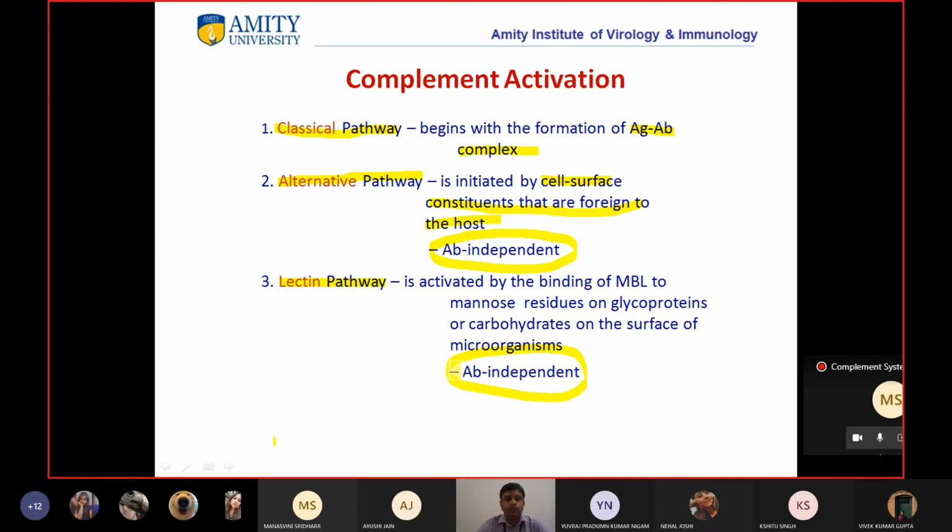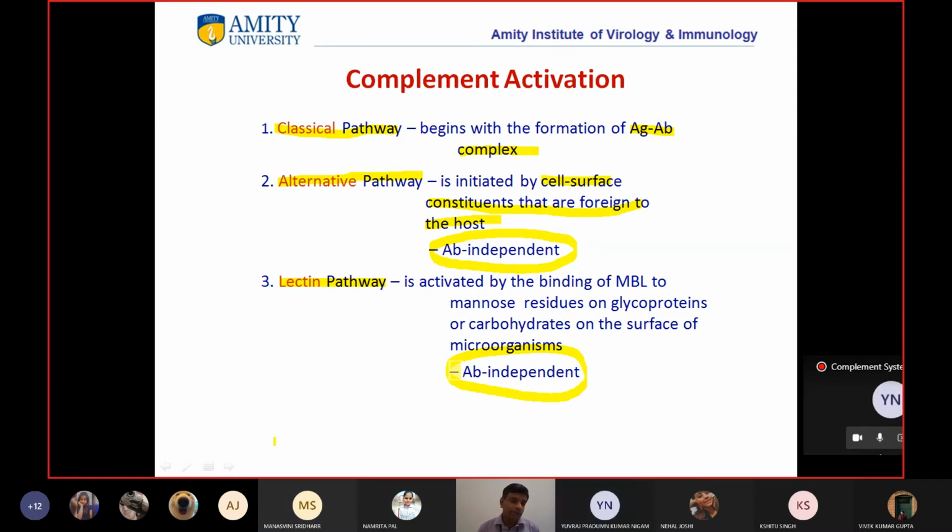Is it clear? Because this is very important to understand. So which of the pathways is antibody dependent? Students, which pathway is antibody dependent? Alternative pathway and lectin pathway? They are antibody independent.